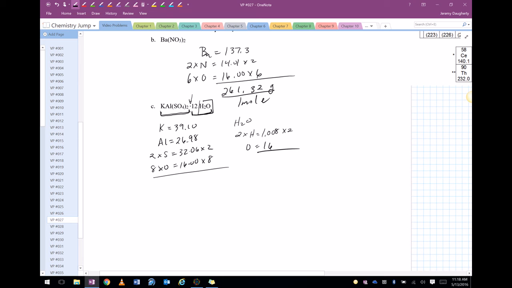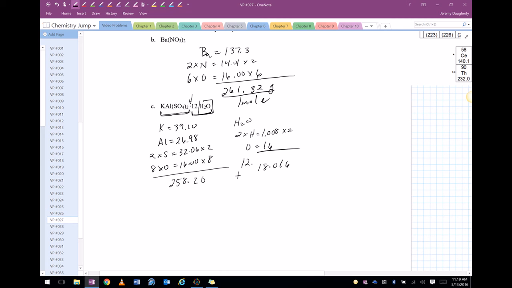For the potassium aluminum sulfate, I got 39.10 plus 26.98 plus 32.06 times 2 plus 16 times 8. For this, I've got 258.2. Then I'm going to add that to the waters, which is 18.016, but I've got 12 of those, right?